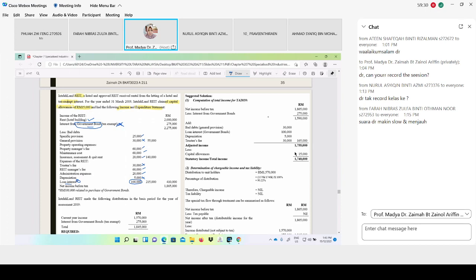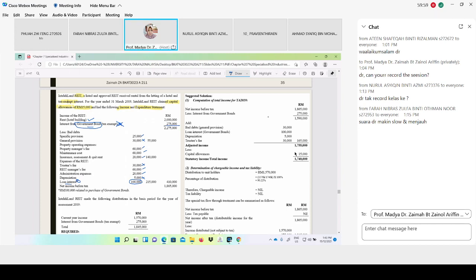But because the interest income is not taxable, tax exempted, the interest expenses will be disregarded. It's like you deduct it against the government bond interest, but now, because it is not taxable, there is no point. It will be disregarded.